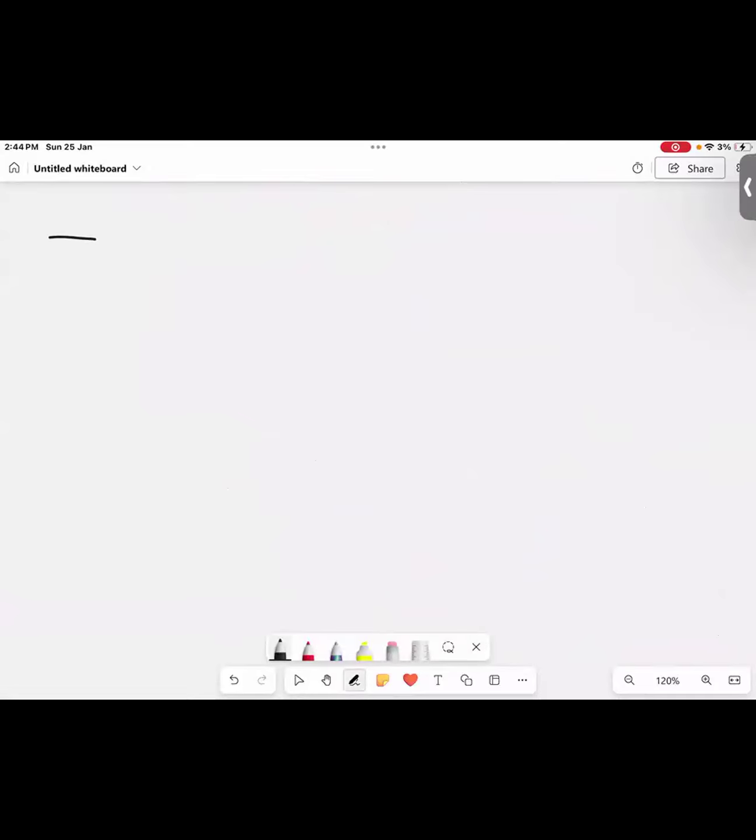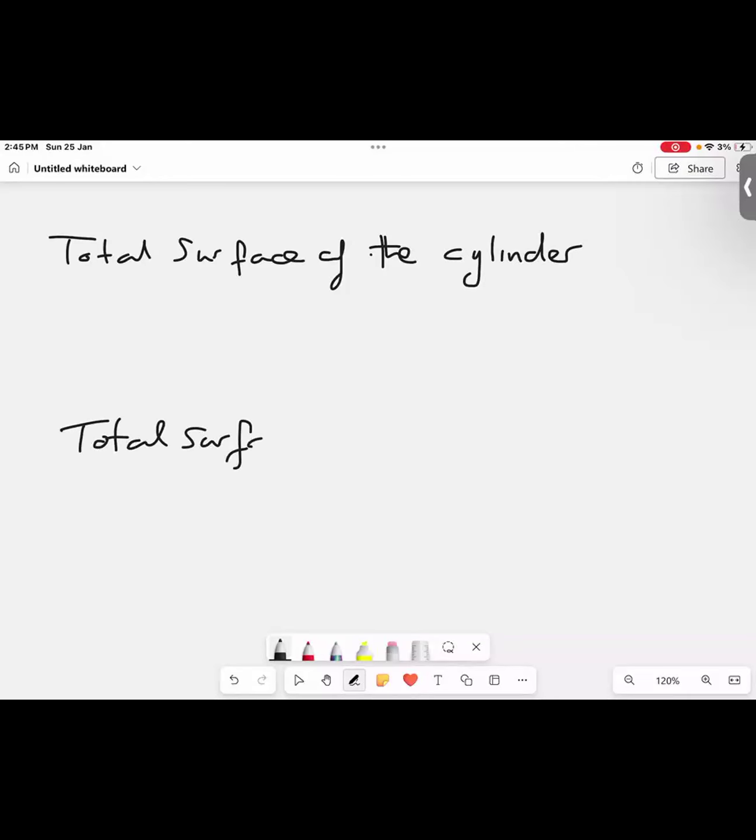We have to find the total surface area of the cylinder. And we also have to find the total surface area of the hemisphere.